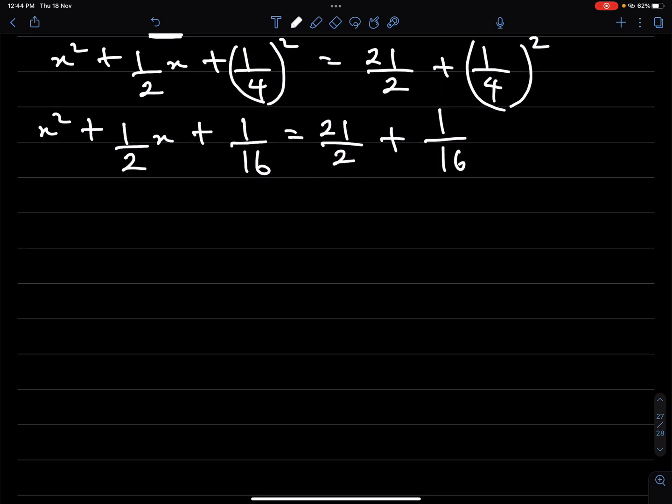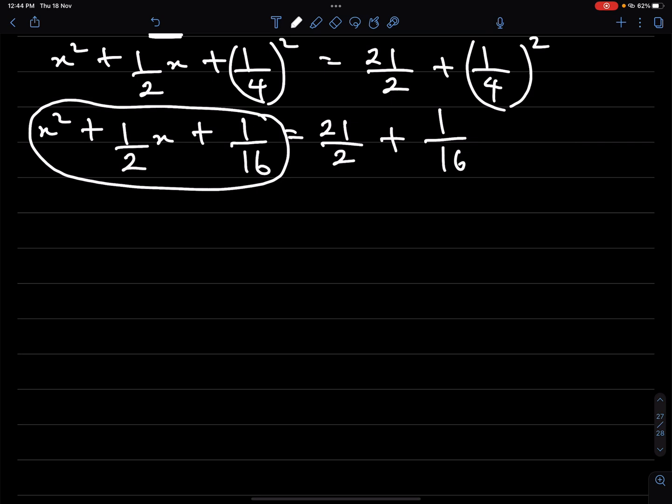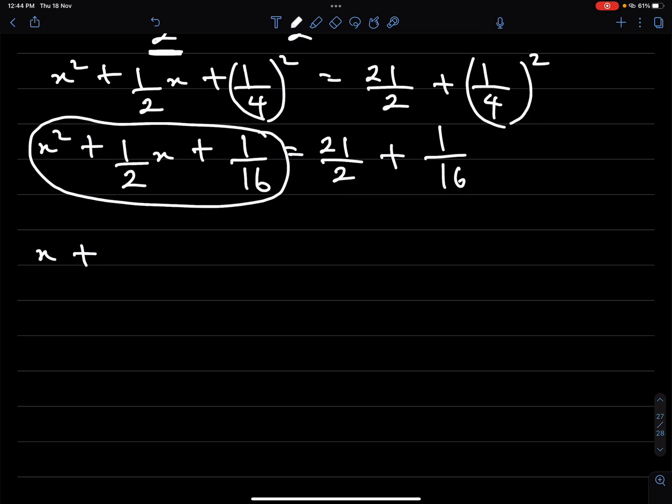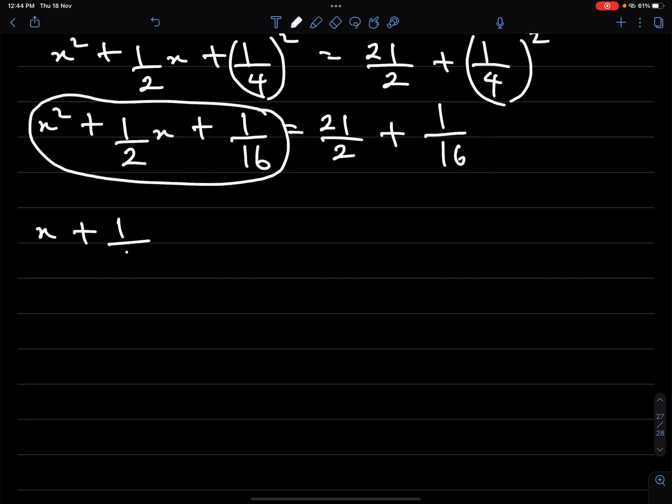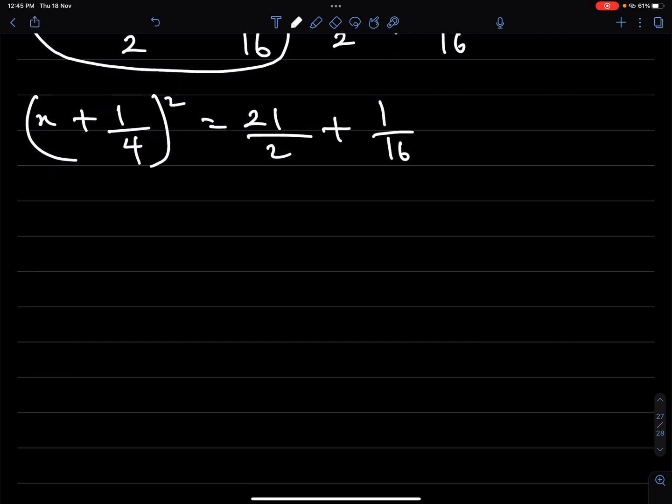And now I can write this left hand side as a square, and that simply means x plus half the coefficient of x, which is 1 over 4, all squared, equals 21 over 2 plus 1 over 16.